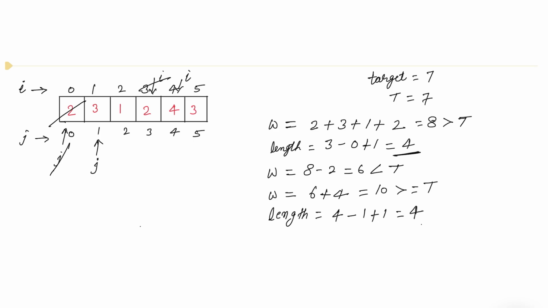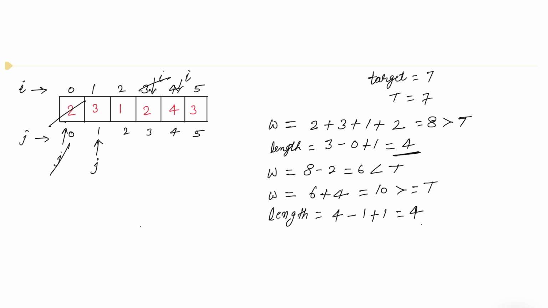See, if its length is lesser than the previous length, then we will update the minimum length. That means I will have to compare. Here we can see the length is 4, no need to compare, both are the same, no need to update.